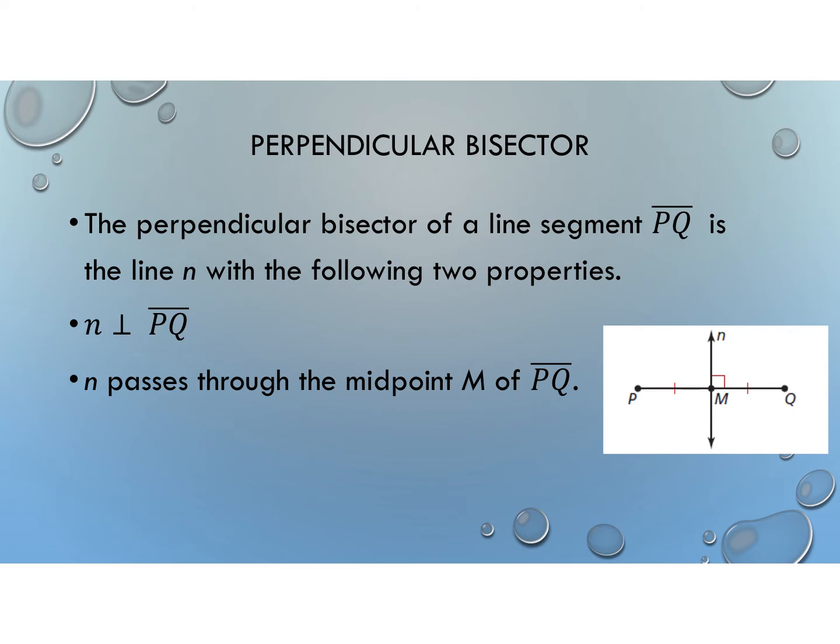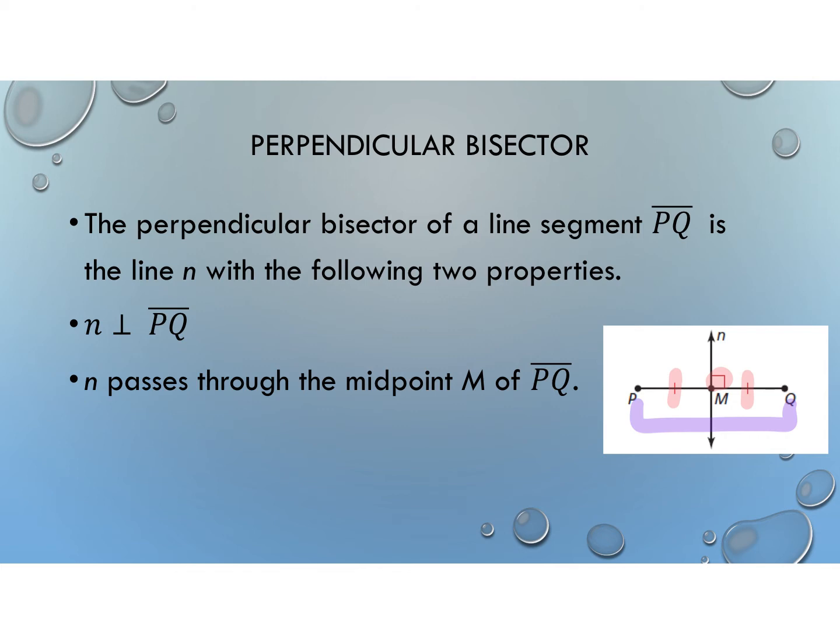We already talked about segment bisectors, but we didn't specify that they had to be perpendicular. So what we're looking for when it's a perpendicular bisector is the little right angle. In addition, we would look for the 2 congruency marks, indicating that PQ was split into 2 congruent pieces, and that's how I can tell it was bisected. So we're looking for the right angle and the congruency marks to indicate that it's a perpendicular bisector.